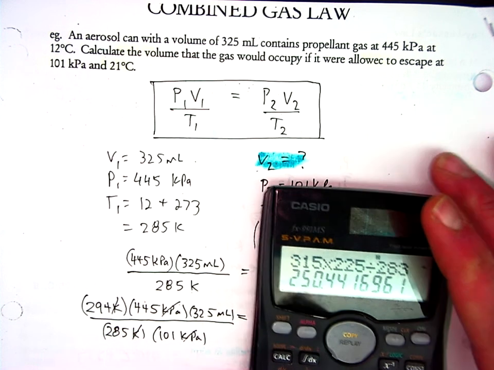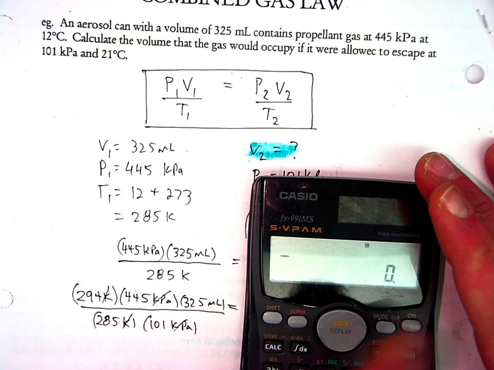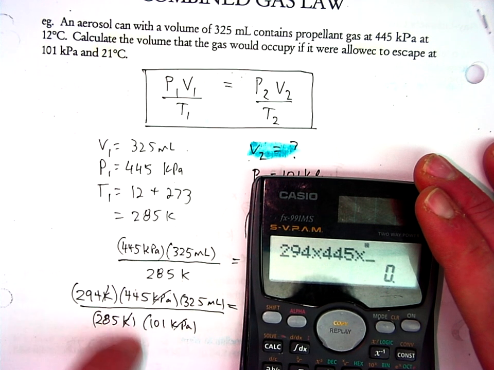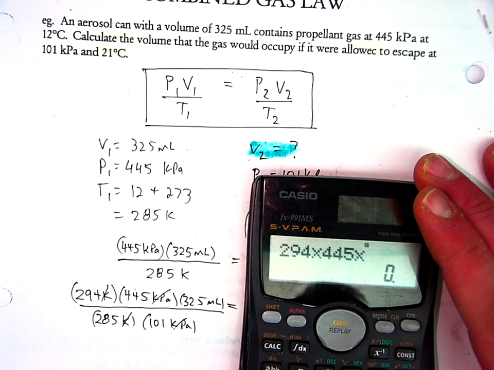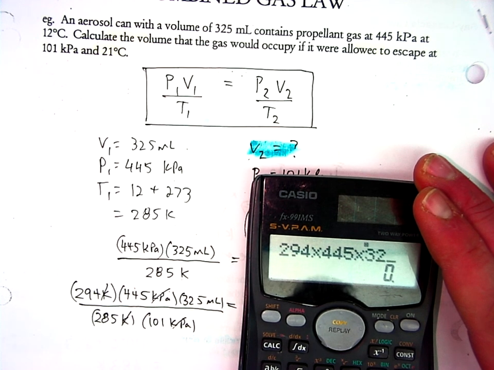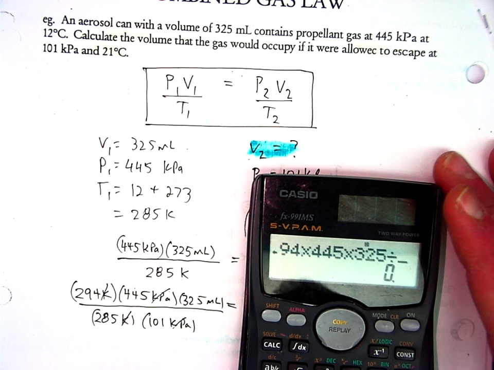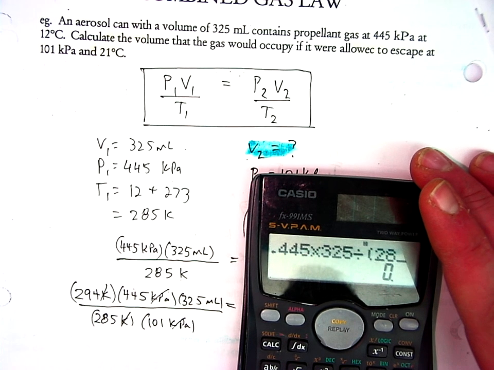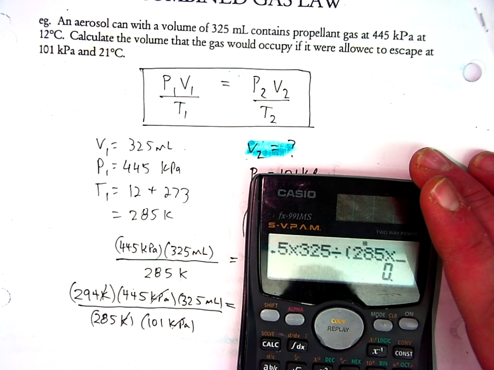Okay, so I'm just going to show you what I'm going to type in. Okay, so 294 times 445 times. You could calculate these separately and then just divide the two, which is another way of looking at it. But if you do it all at once, you're going to really want to make sure you have a bracket to multiply the stuff down on the bottom together.